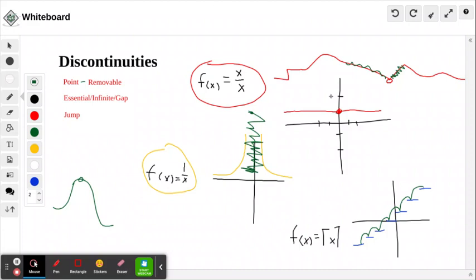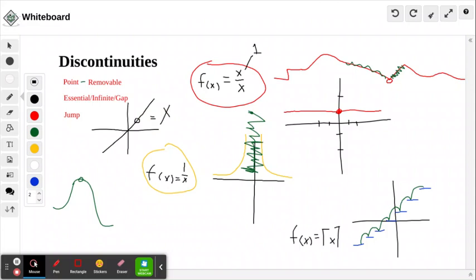So if we wanted to remove this discontinuity from f of x equals x, we would just simplify it to f of x equals 1. If we had a line that was defined rationally and we wanted to remove a discontinuity right here, we could just change it to be equal to f of x equals x.